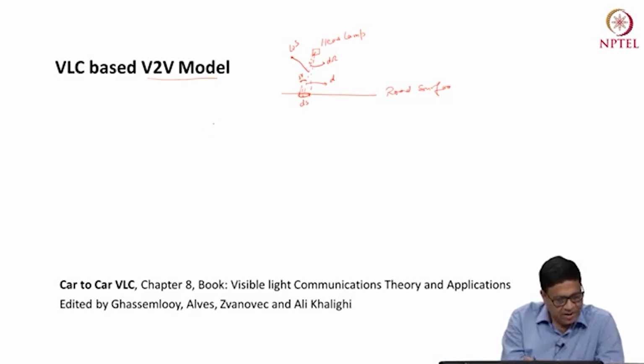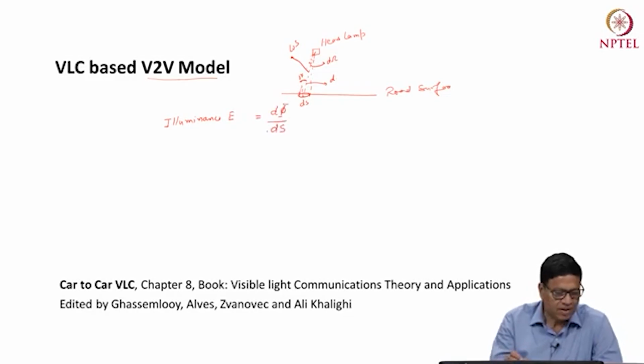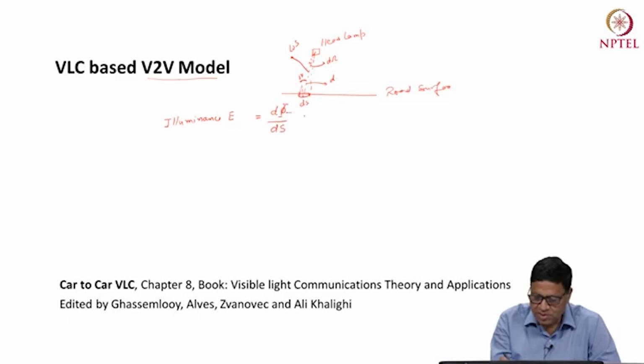So if I calculate luminance E, this will be equal to d capital phi over ds, where phi is the luminous flux.